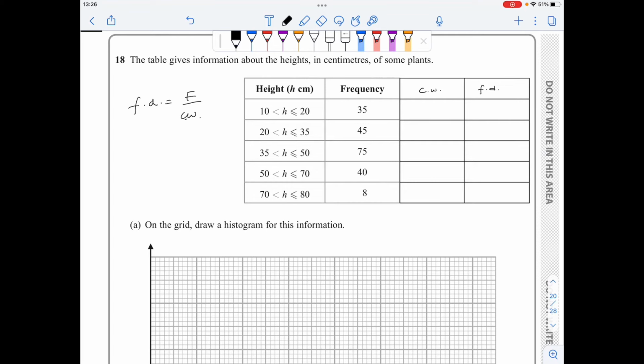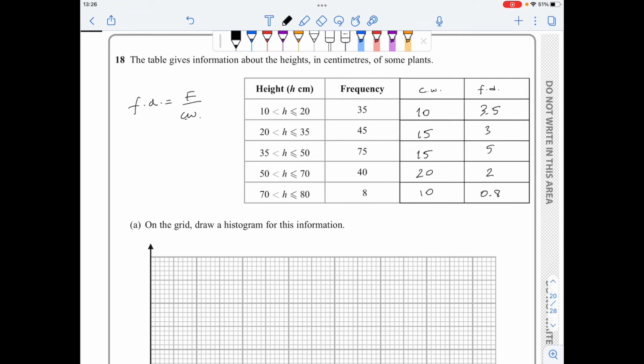So for the first one, 20 minus 10 is 10. Second one is 15, 15, 20, and 10. And then for the frequency density, just divide the frequency by the class width. So we've got 3.5, 3, 5, 2, and 0.8.